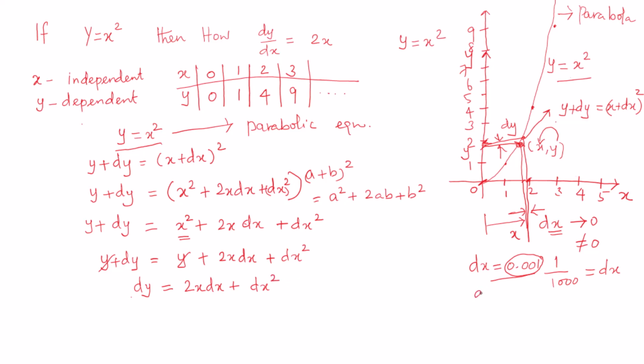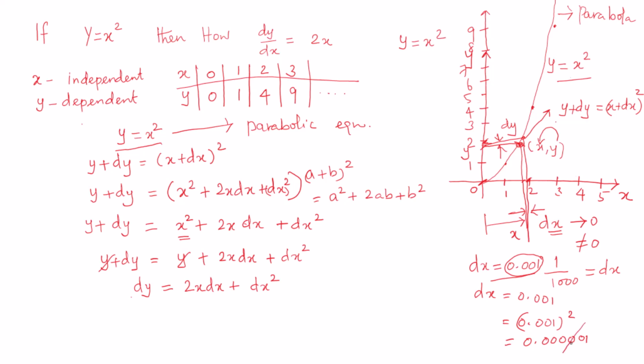Already we have dx equal to 0.001. Now 0.001 square will be equal to 0.000001, like this it will come. So 1 divided by 1000 square will be a very small amount.